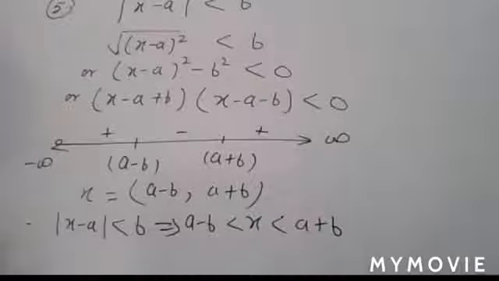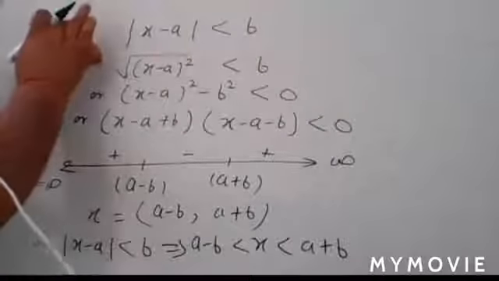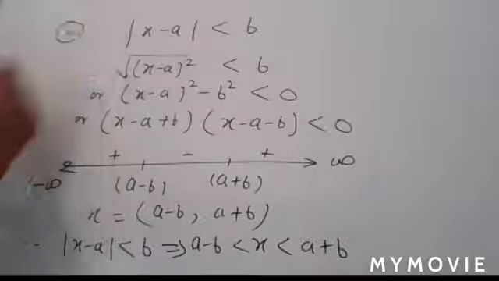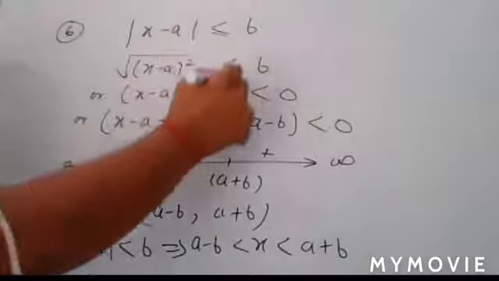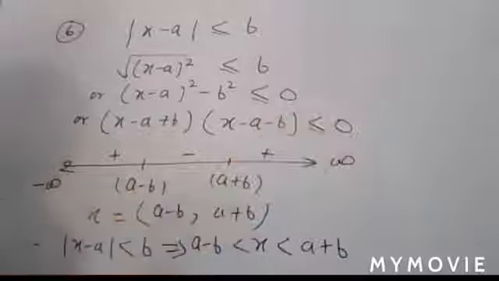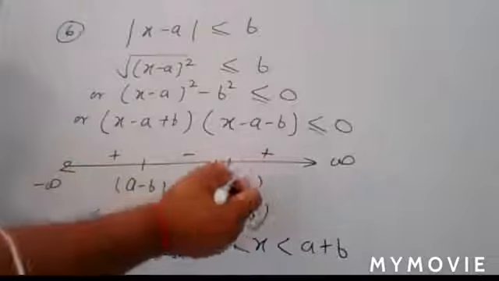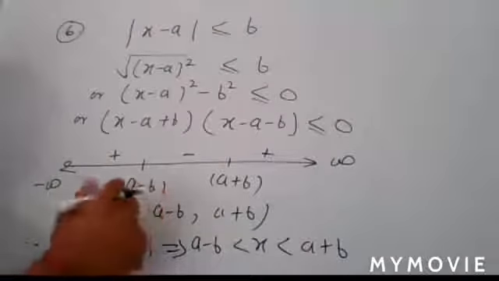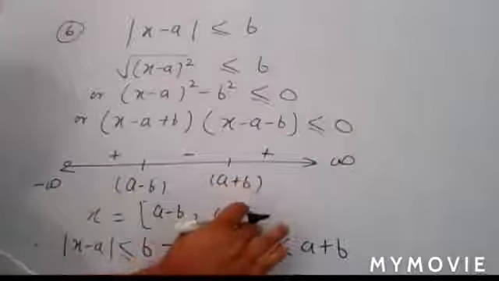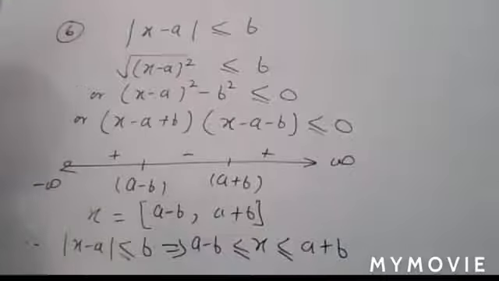Mute yourself. Okay. In the same way, just come to your sixth point, sixth one. Here you introduce equal to, less or equal to. So if you have less or equal to values like that, here you have to take closed interval, and your values of x are like that.